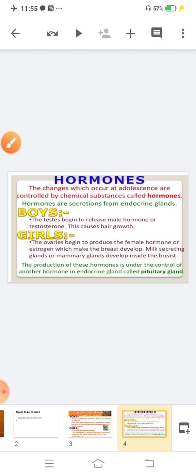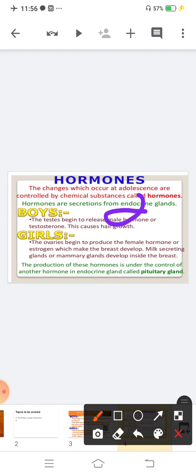In boys, the testes begin to release the male hormone, known as testosterone, which causes hair growth in the pubic area.